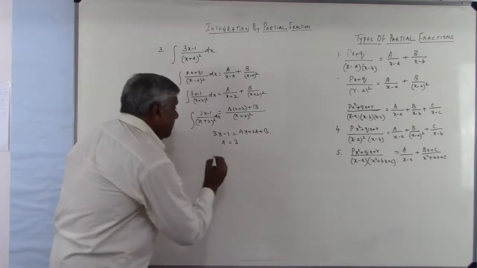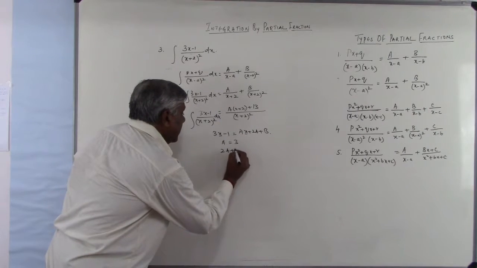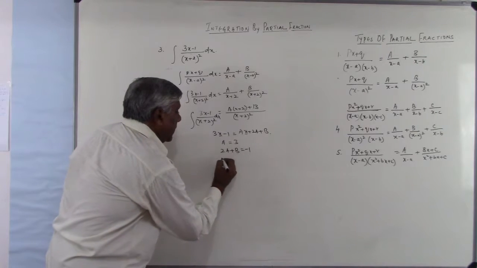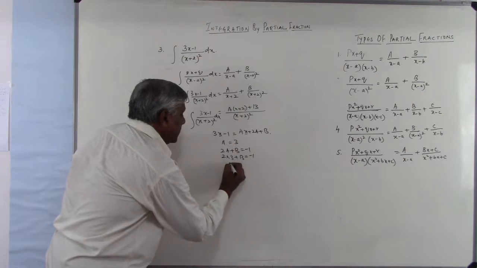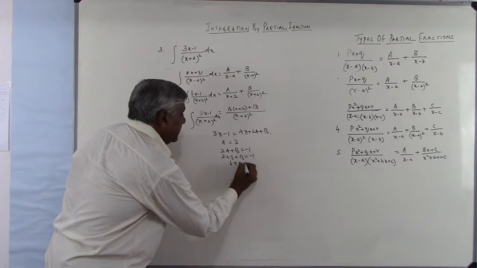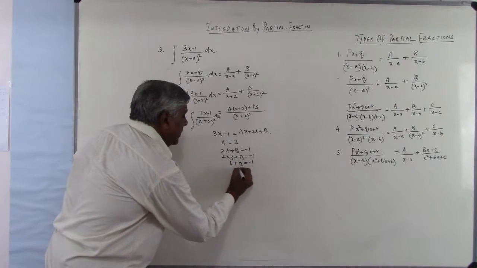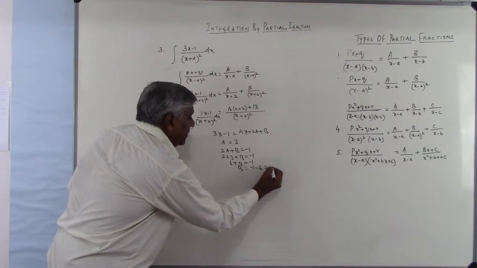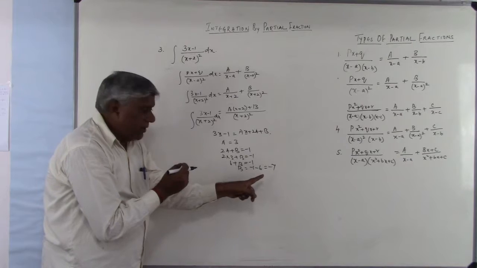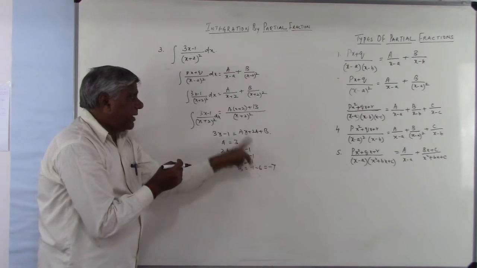Next, 2a plus b is equal to minus 1, or 2 into 3 plus b is equal to minus 1, or 6 plus b is equal to minus 1, or b is equal to minus 1 minus 6, which is equal to minus 7. For b we got b is equal to minus 7.